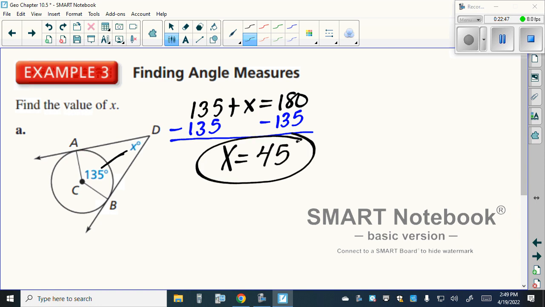Because the central angle and that are going to add together to be 180. And it also works out that the arc AB here is going to be 135 because it's the same as the central angle. Any questions on this here?